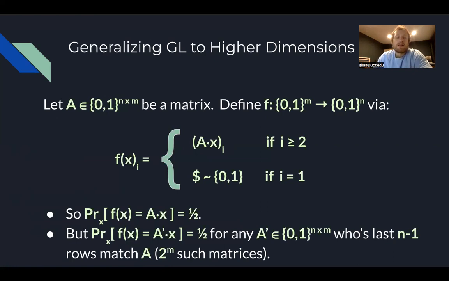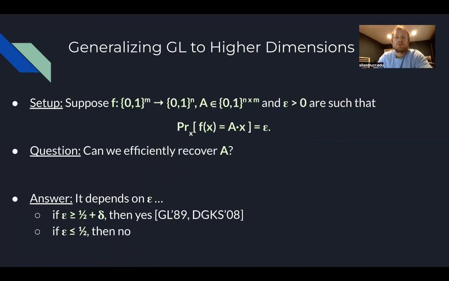However, f of x is also going to equal A prime of x with probability 1/2 for any A prime that shares the second through nth rows with A. There are 2 to the m such matrices. What that means is that it's hopeless to try to recover A, because A is but one in an exponential size family, and so you can't efficiently hope to recover A.